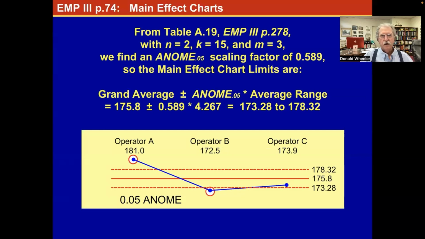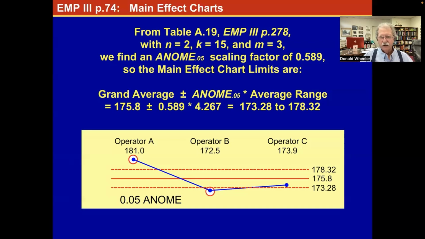So the main effect chart limits are grand average plus or minus ANOME scaling factor times the average range. That's 175.8 plus or minus 0.589 times 4.267. You know, 173.28 to 178.32. And operator A is above the upper one, B is below the lower, and C is right on the lower.